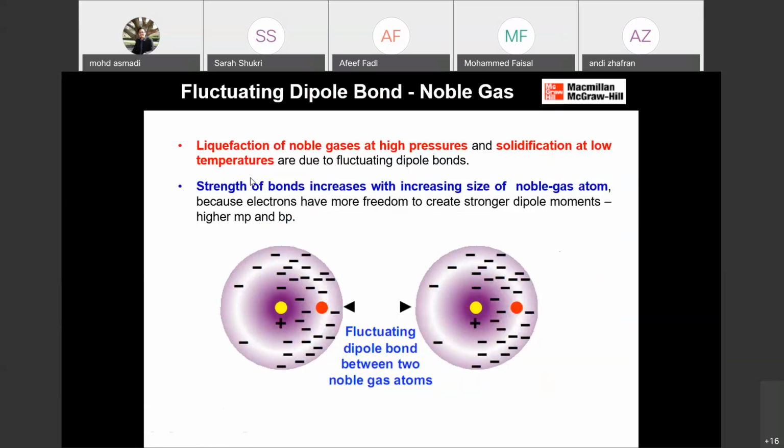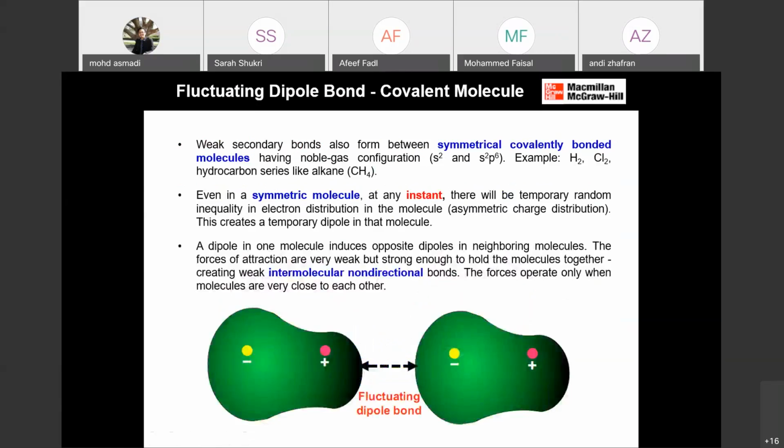The strength of the bond increases with the increased size of the noble gas atoms. For example, this one hydrogen H2, this one H2, so they can attract each other and form the fluctuating dipole bond. Weak secondary bonds also form between symmetrically covalently bonded molecules, for example H2, Cl2, CH4.